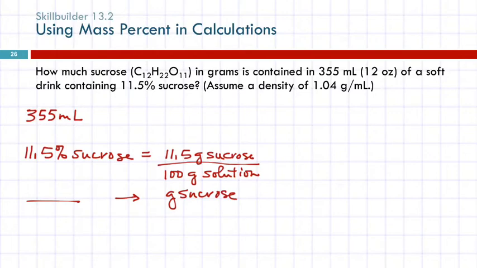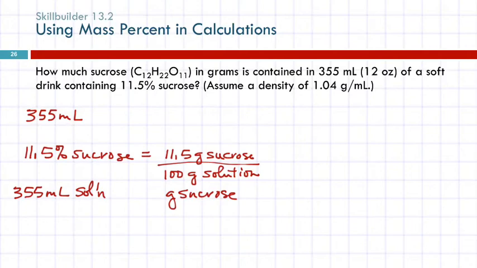We look at the numbers that we're given. This is a volume, and this is a conversion factor. So we're starting with the volume of the solution of the soda. So 355 milliliters of the soda. The soda is the solution.